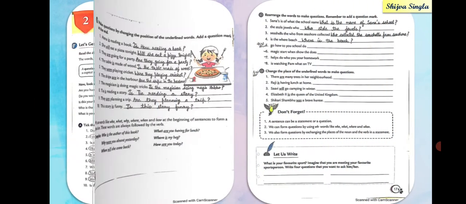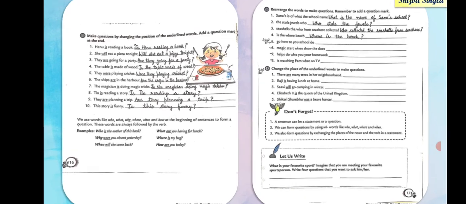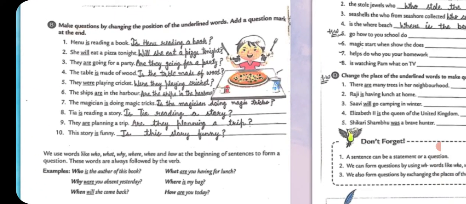Moving on to the next page. Now in part B, you have to practice the same thing. Just change the position of the helping verbs and make them into questions. Try it yourself. I'll just tell you one or two examples.